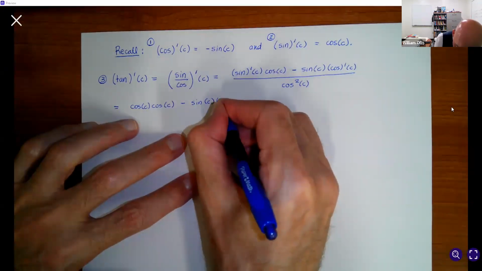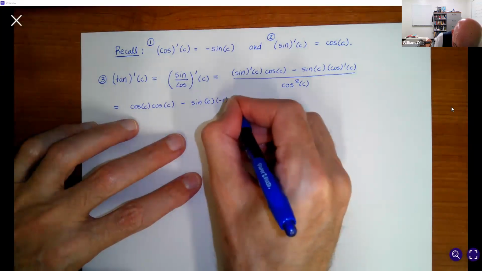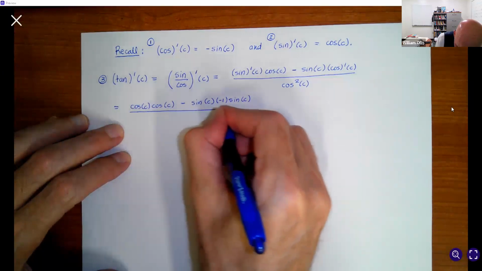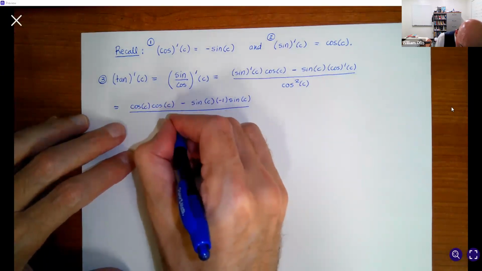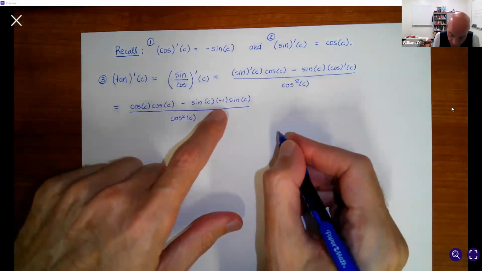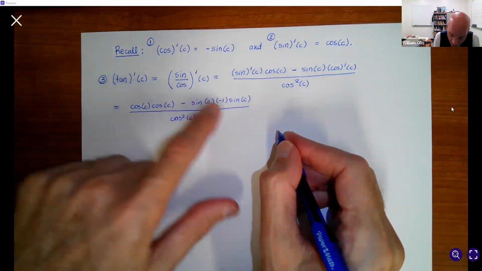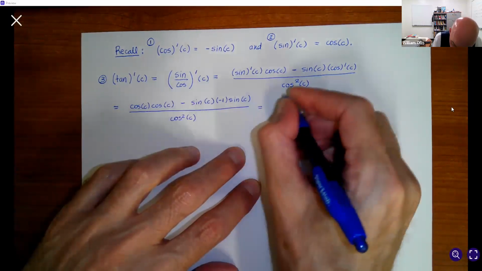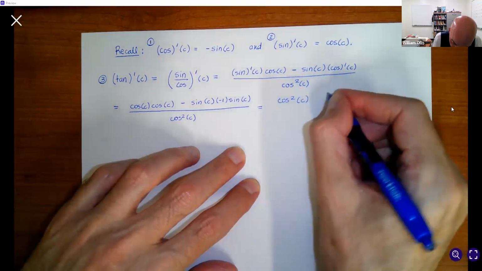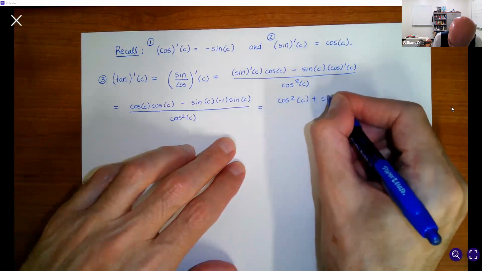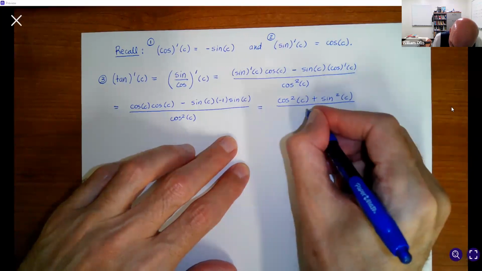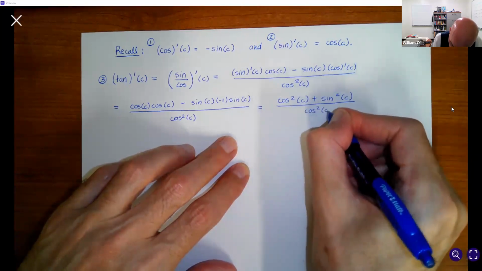So I'll put in a -1 times sine of C. And then, of course, downstairs, we have cosine squared of C. Now, notice here with the minus minus, we get the plus. So this gives us cosine squared of C plus sine squared of C, divided by cosine squared of C.